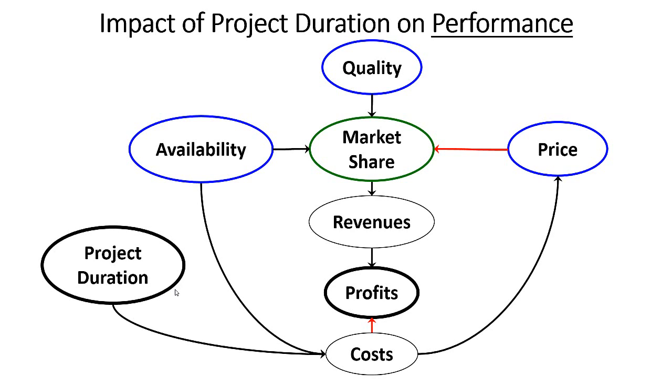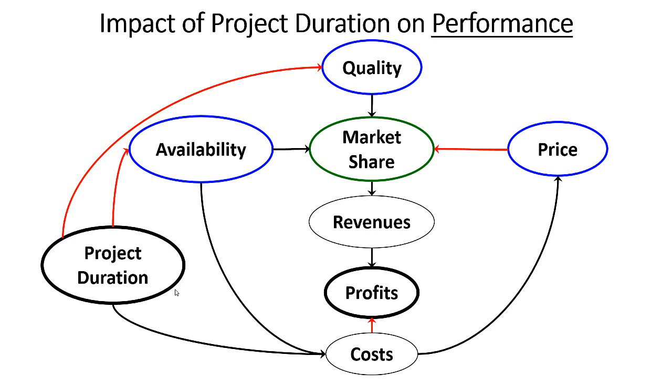We're going to have resources utilized for longer periods of time, so our costs are going to increase. Now, if the project is focused on making products and services more available, and we're waiting for the completion of that project, then we have a negative relation. The longer the project takes, the less available our products and services will be.